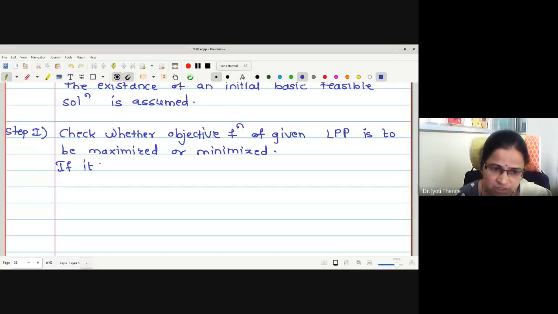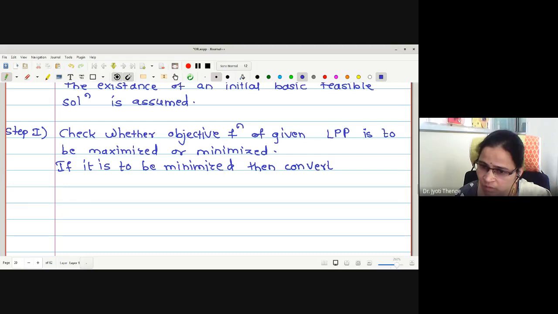If it is to be minimized, then convert it into maximization form.